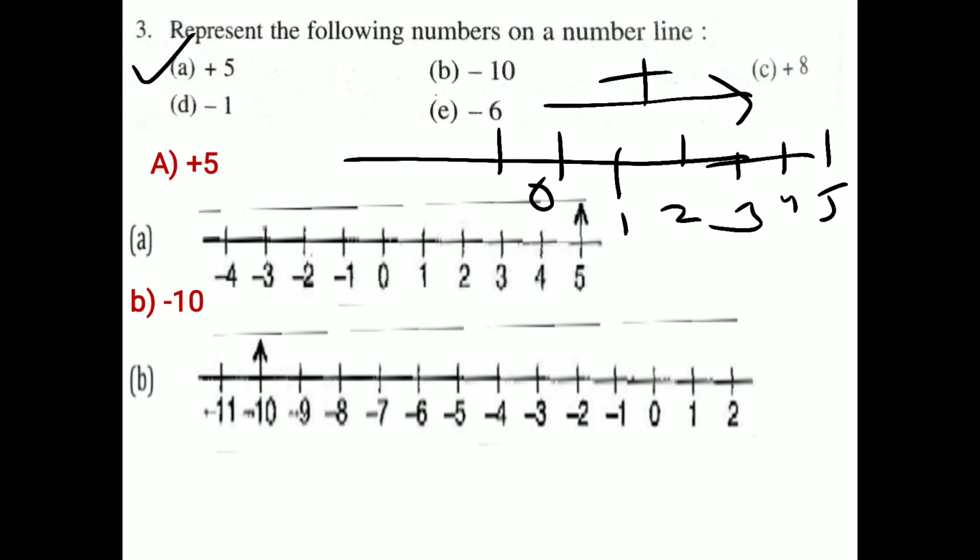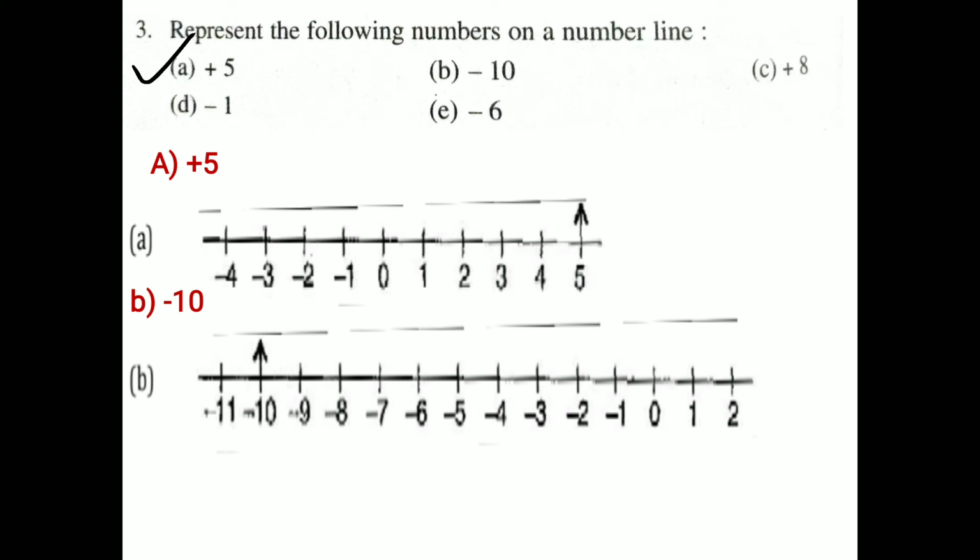And this side all the negative numbers come. Before 0, minus 1 will come, then minus 2, minus 3, minus 4. This side numbers increase, this side numbers decrease. So keep in mind that 0 is greater than minus 1. Clear?